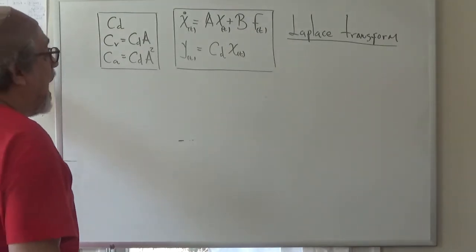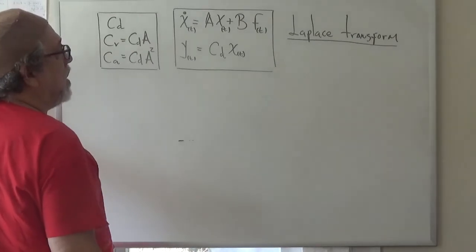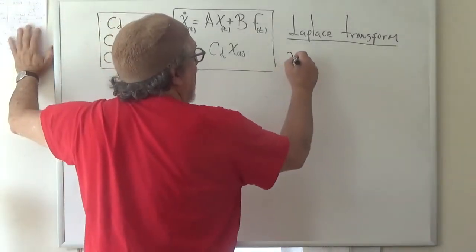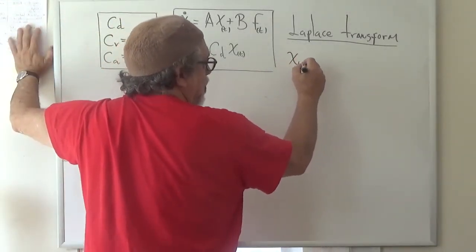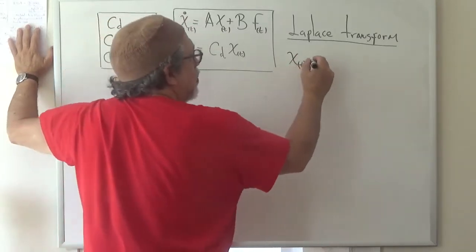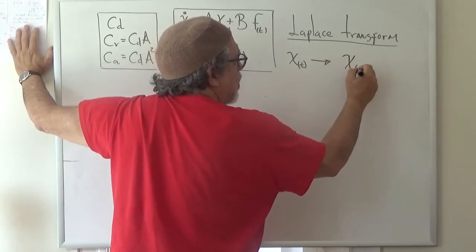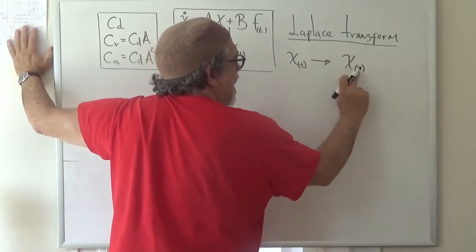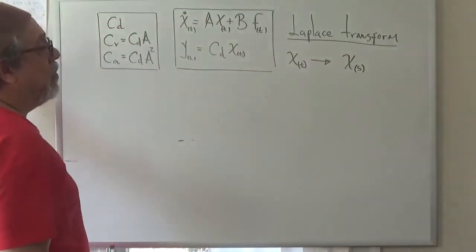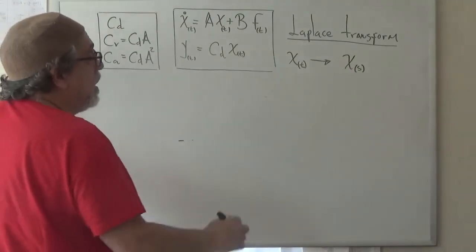Okay? And all we need to know is that if we have x of t and we take a Laplace transform, we get something which is no longer a function of t, is now a function of s, where s is a complex number.